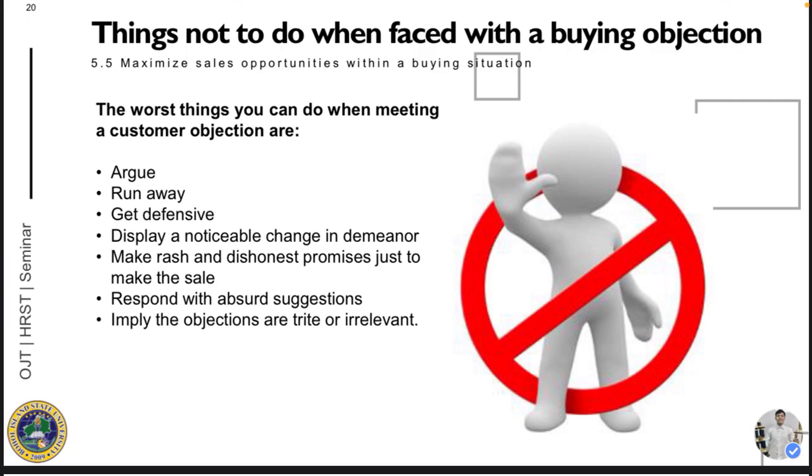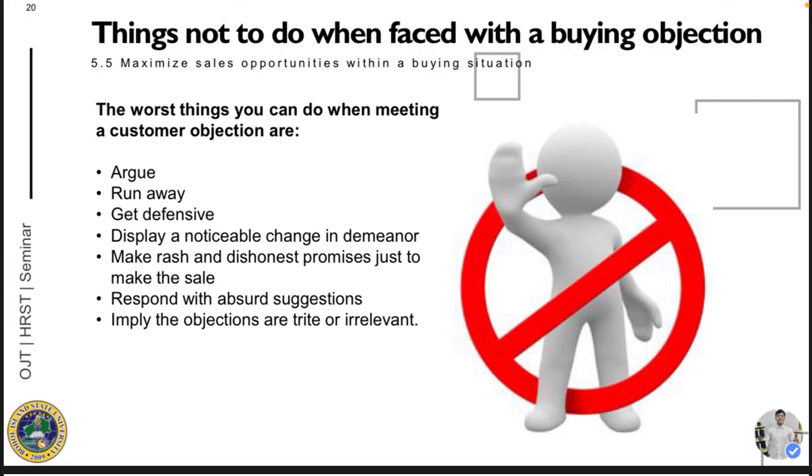Next is make rash and dishonest promises just to make the sale. Don't make any promises that are not true. Next, respond with absurd suggestions, and implying objections are not right or irrelevant.